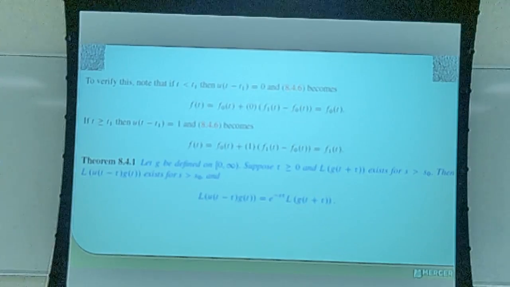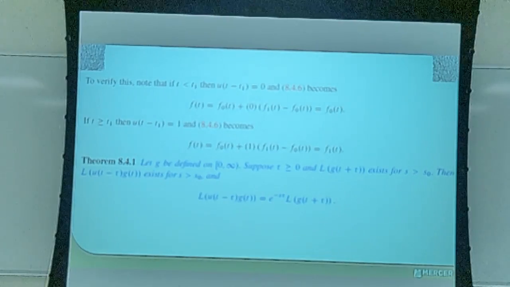There's the Laplace transform. So you have g of t times the unit step function.